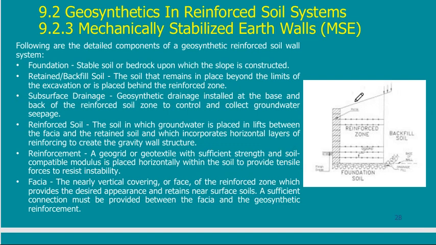The upper portion of the wall may be inclined. If you remember when we studied Rankine's theory, we said that it can only carry a horizontal surface, but of course here this system can carry anything.